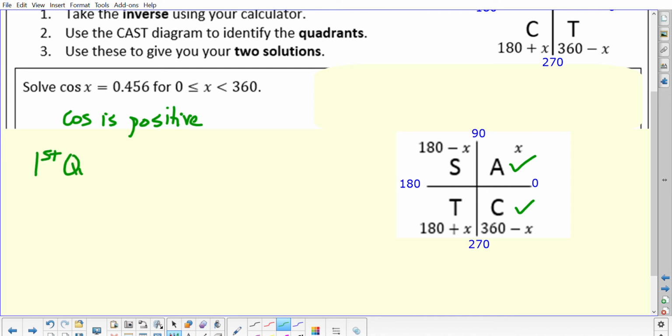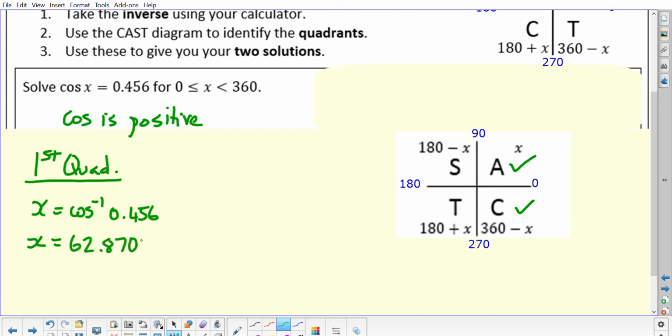So the first quadrant angle, that one you get from the calculator. So you're going to go cos to the minus 1 of 0.456, and that would give you your angle x equal to 62.870, whole load of other digits, so we will round that to 62.9 degrees.